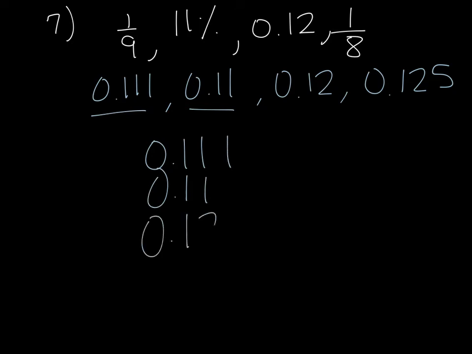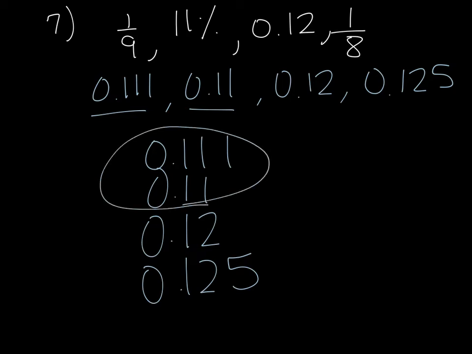I'm going to line them up in decimals like this, and I see that all of them have 1 in the 10th place. Now I go to next place value, and these two have 1s in the hundredths place, so I'm going to compare those. And if there's nothing here, I'm going to put a 0. Which one's bigger, 110 or 111? 111's bigger, so this one's the smallest.